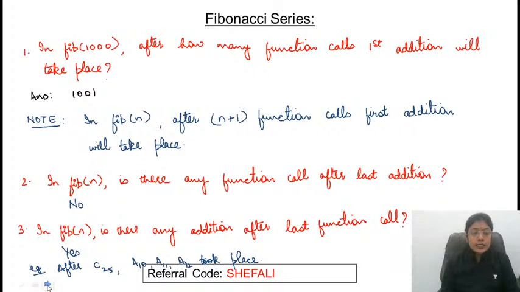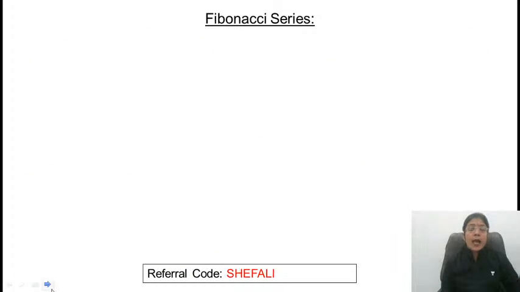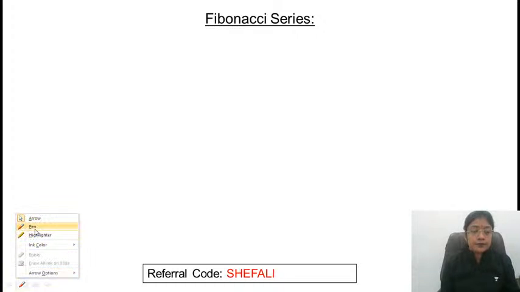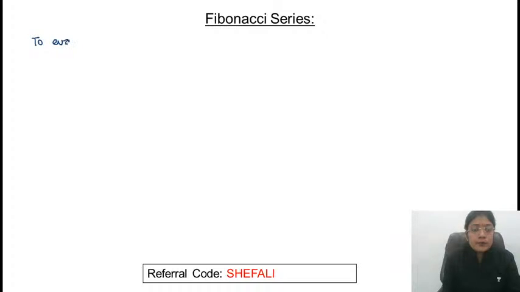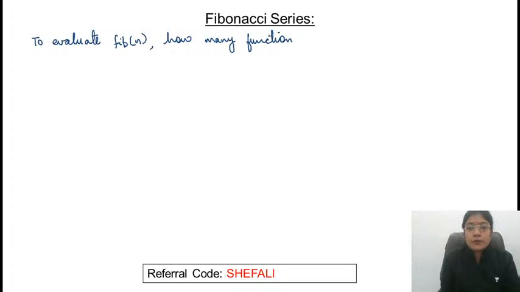Great. So let's move on to the concept of finding the number of function calls and number of additions. First of all, we will be finding the number of function calls. To evaluate Fibonacci of n, how many function calls are required?